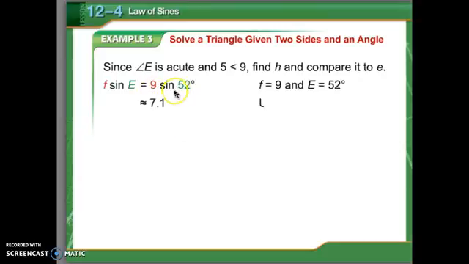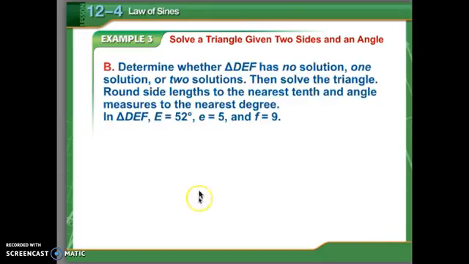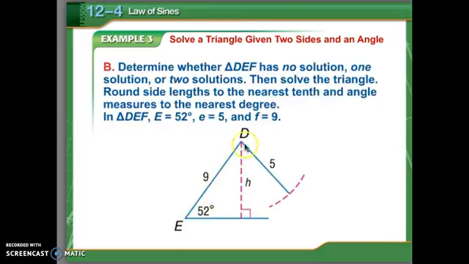That's what they did here. That's 7.1. So since this height of 7.1 is greater than this side, you can't make a triangle. Or you can similarly think about it as, since this side is shorter than the height, there's no possible triangle that can be made from this scenario.